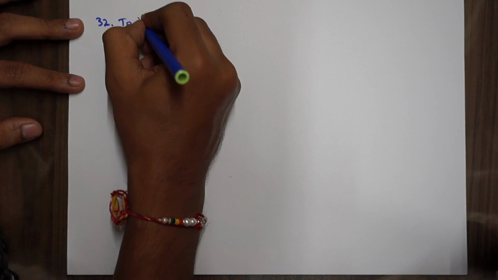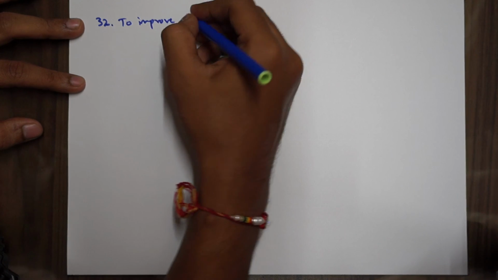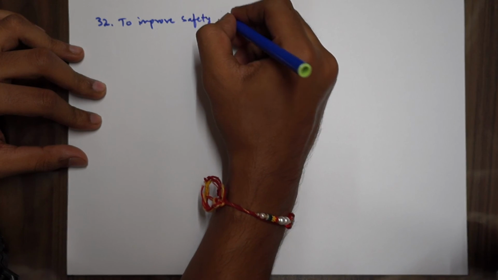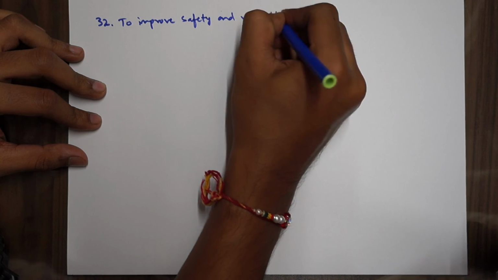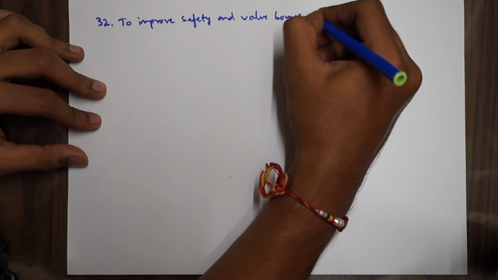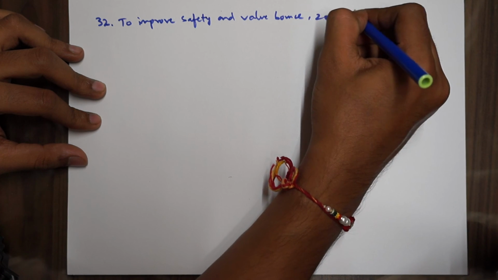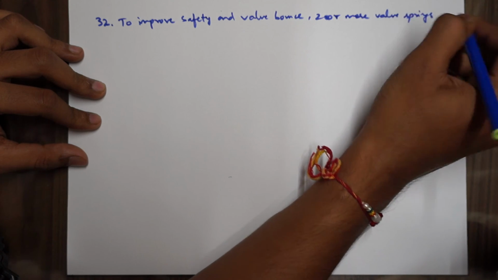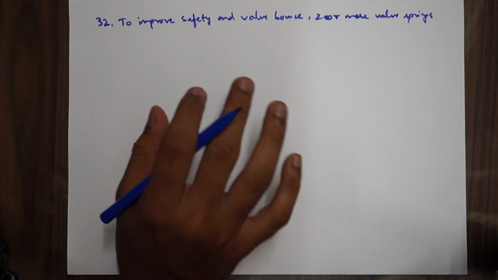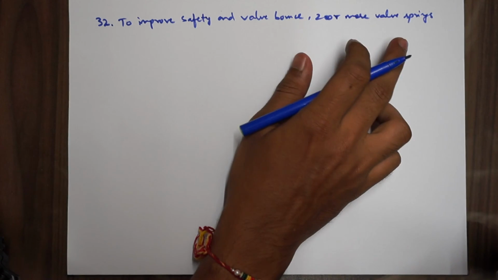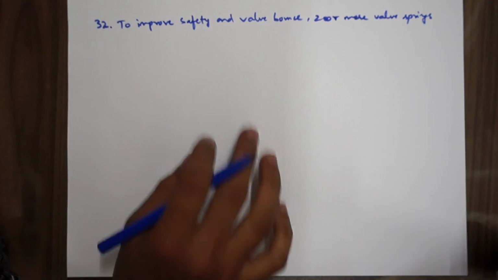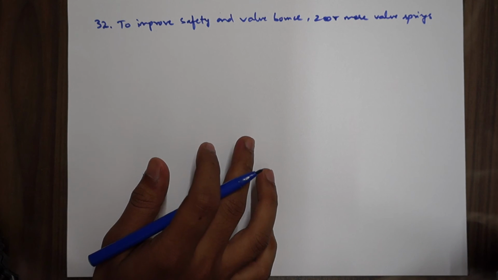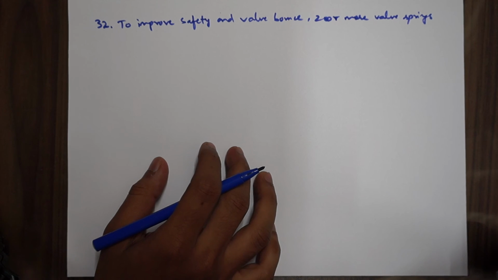To improve safety and valve bounce, 2 or more valve springs are fitted in opposite directions. Because if you have a single spring and the spring fails, the valve will stay in the open condition, and that is not going to allow any combustion or any sort of compression.